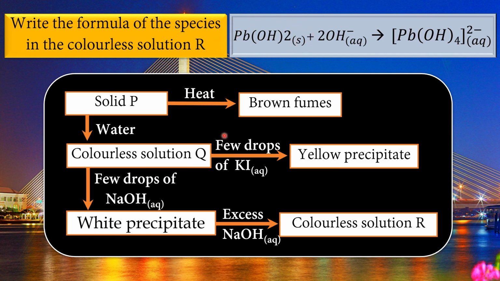When lead(II) hydroxide reacted with excess sodium hydroxide, we formed a complex which is called plumbate. This one is soluble. It is the one that formed the colorless solution.